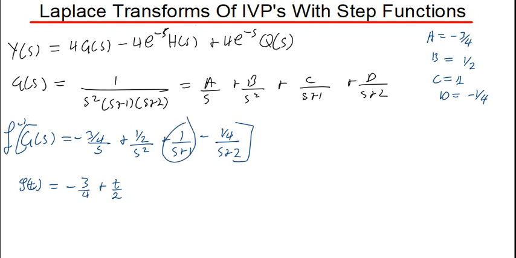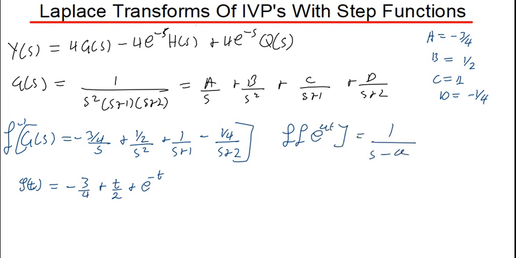Then for this part, that would be plus e to the minus t, because the Laplace of e to the at, we say is equal to 1 over s minus a. Yeah, that's that.